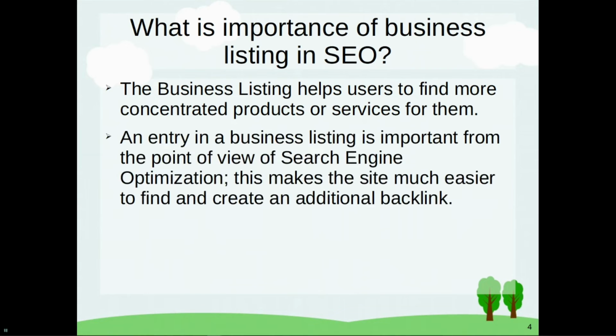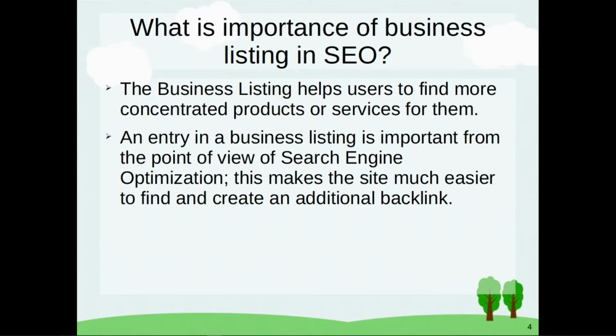Next, an entry in a business listing is important from the point of view of search engine optimization, or SEO. This makes the site much easier to find and creates an additional backlink.